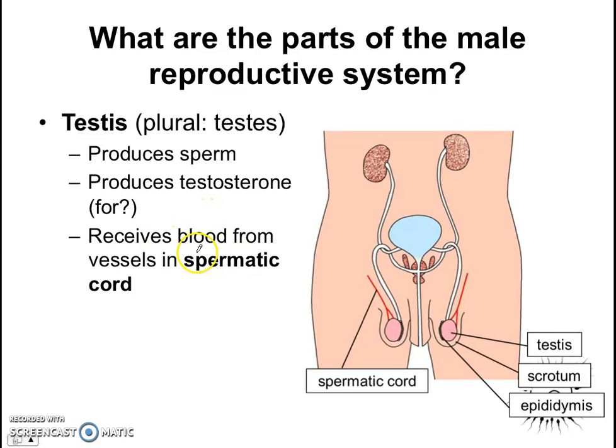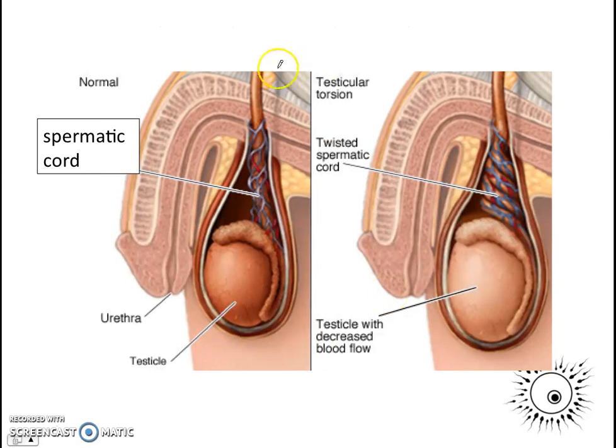The testes receive blood from vessels found in this structure here called the spermatic cord. Now, this spermatic cord is not just blood vessels, okay, it also contains some connective tissue, and you can see that it helps to suspend your testis in place.